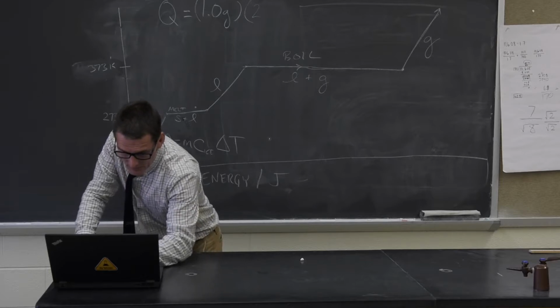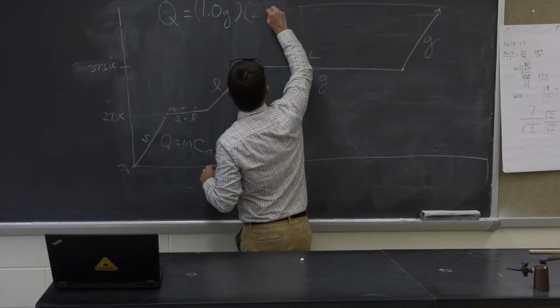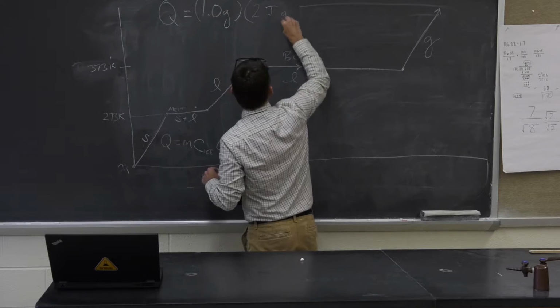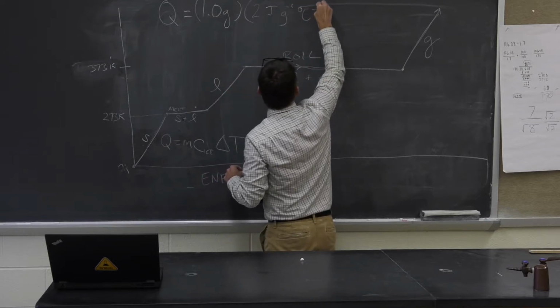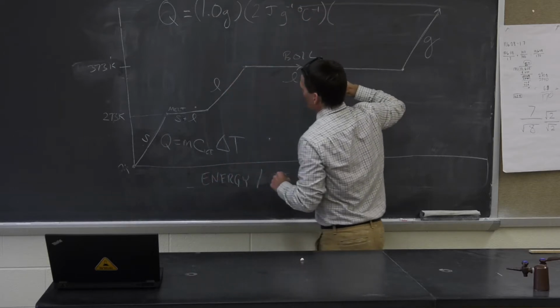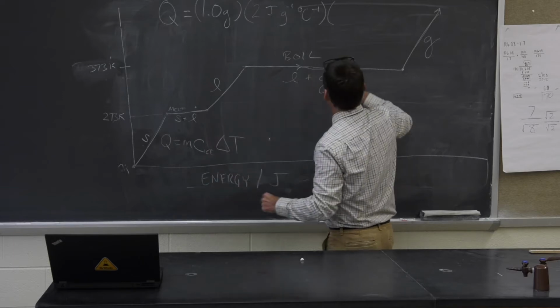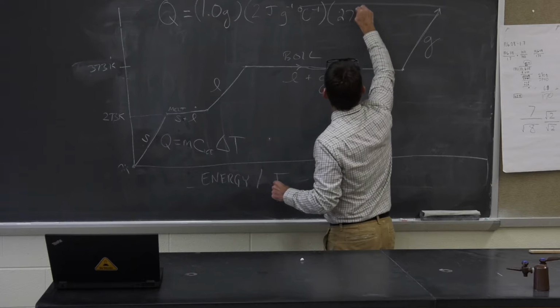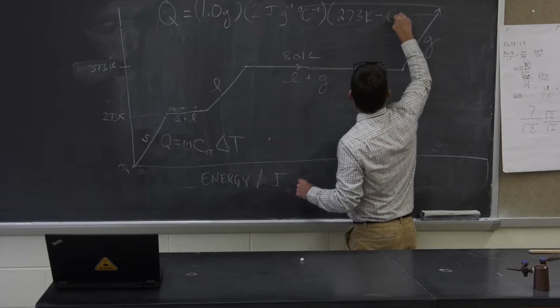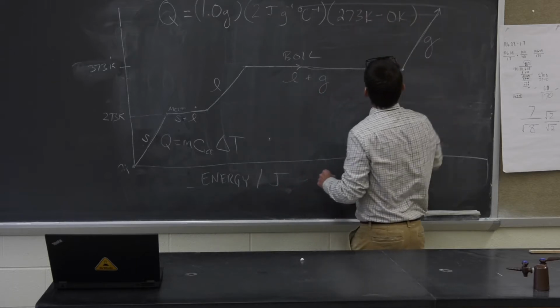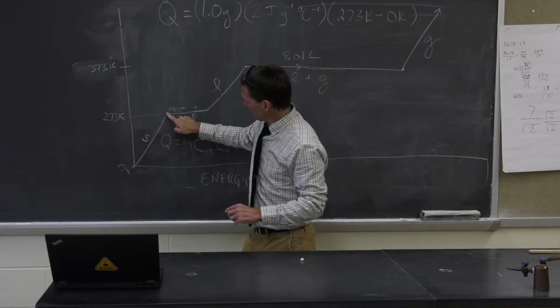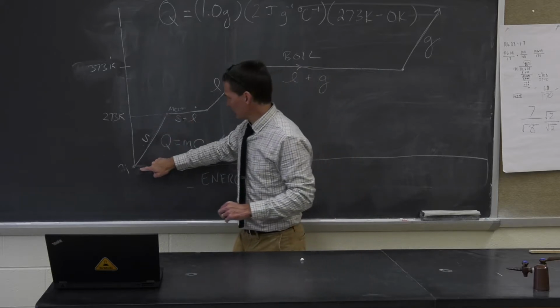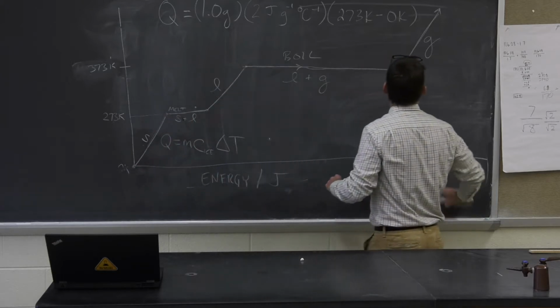I don't have it listed, but I think that's about right. I guess we're going to find out, I'll be able to tell on the chart. Times the change in temperature, which is going to be 273 Kelvin minus 0 Kelvin. Final temperature minus initial temperature. So what's that come out to?